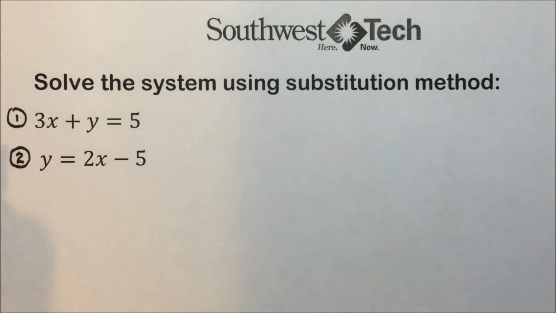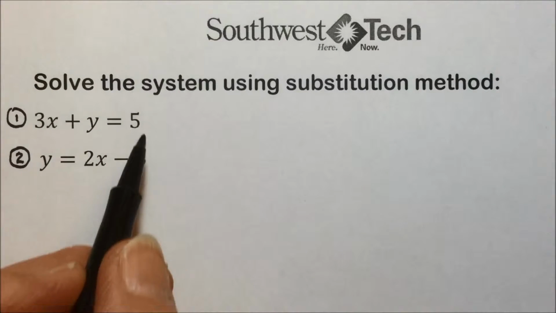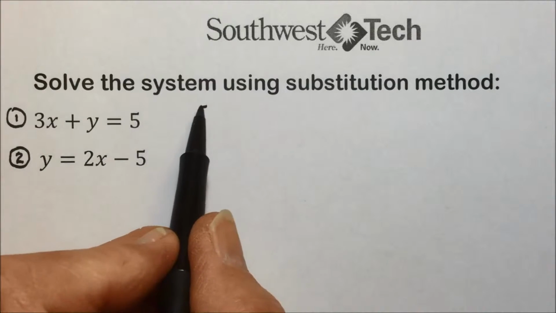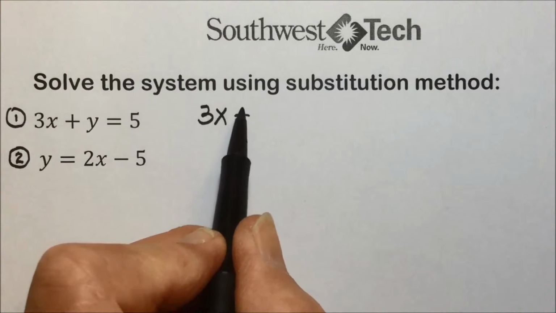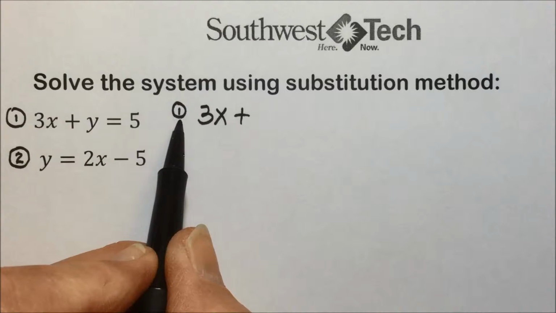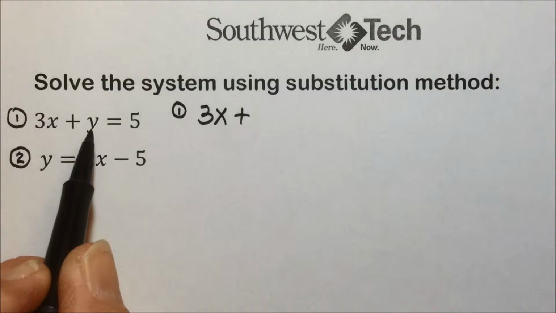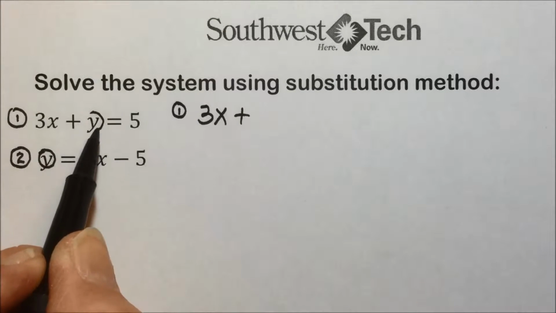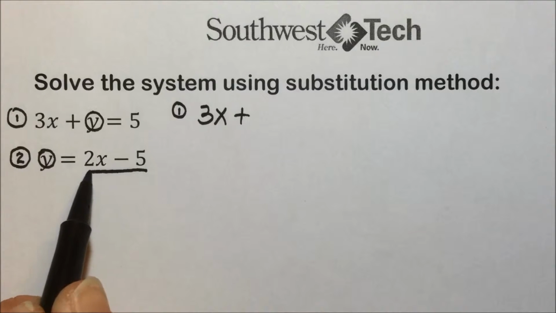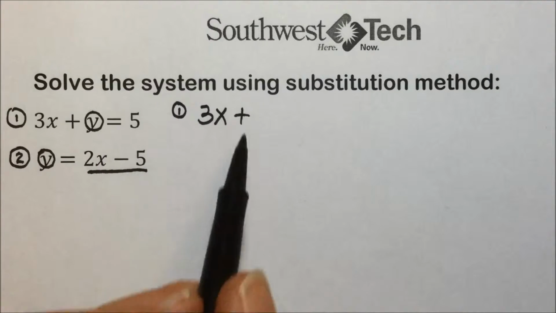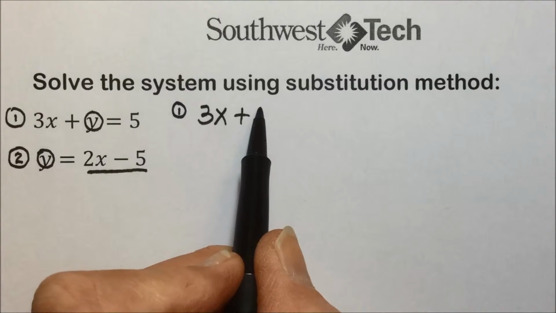And to solve this using substitution, I'm going to rewrite the first equation, equation 1, 3x plus, but instead of y, since we have y isolated here, I'm going to replace that y with what it's equal to from the second equation.